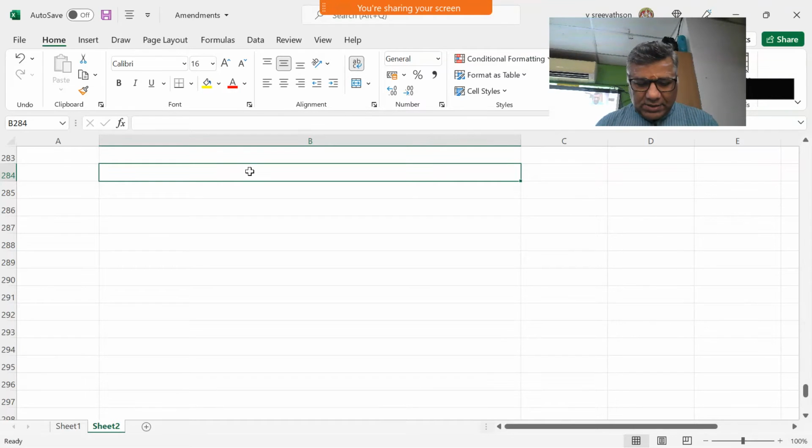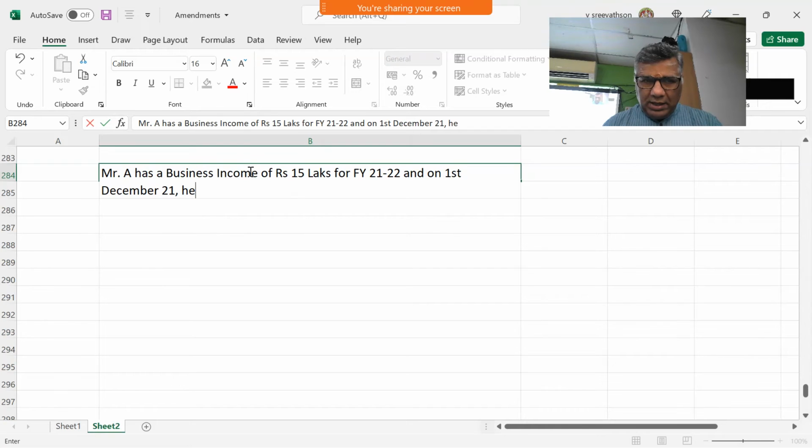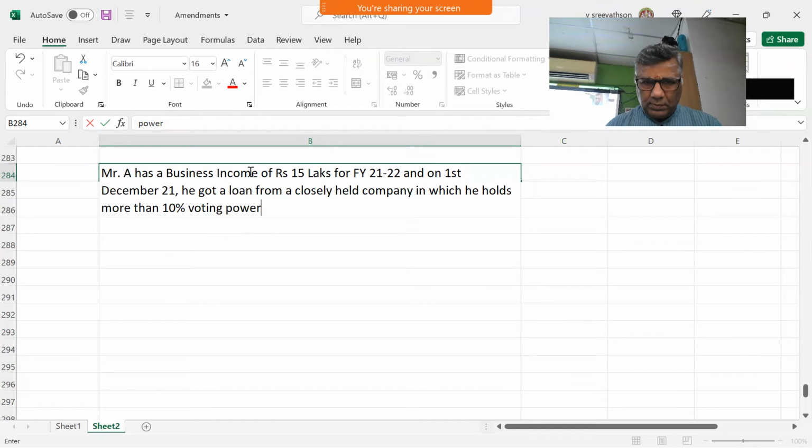Let us take that Mr. A has a business income of rupees 15 lakhs for FY 21-22, and on 1st December 21 he got a loan from a closely held company in which he holds more than 10% voting power, of rupees 8 lakhs.